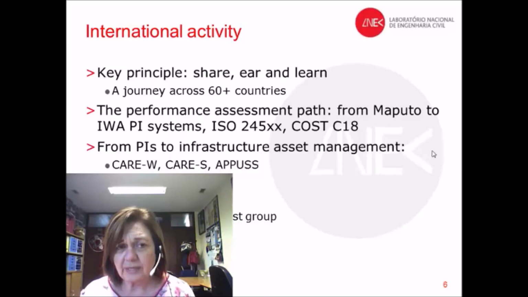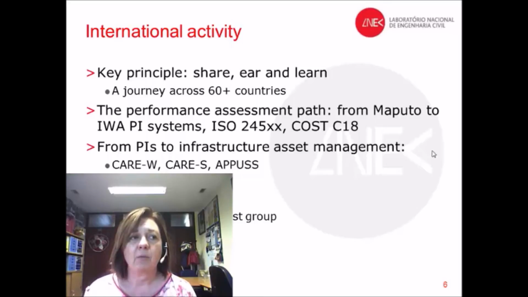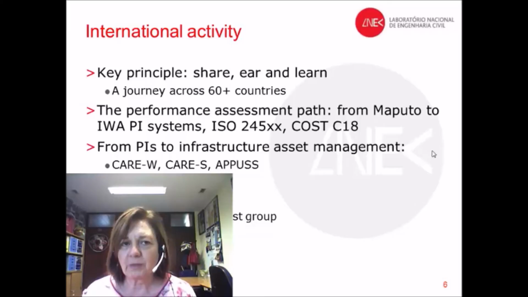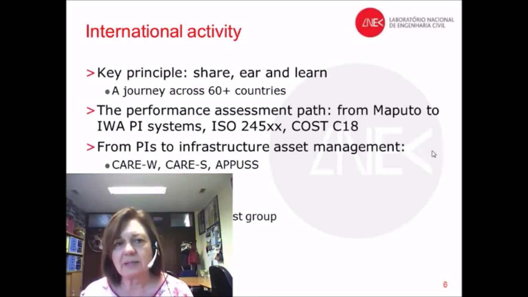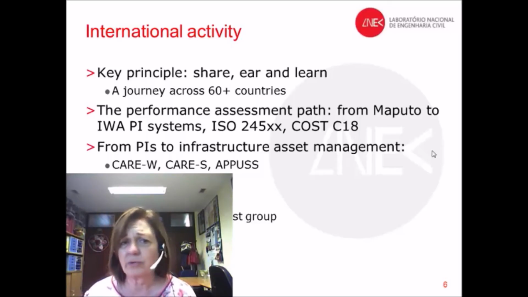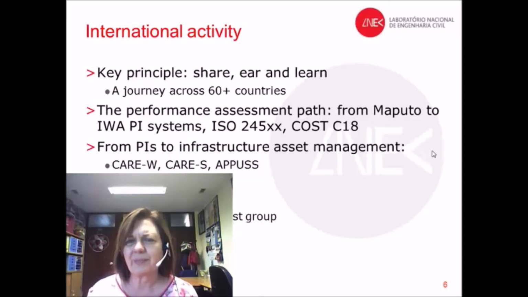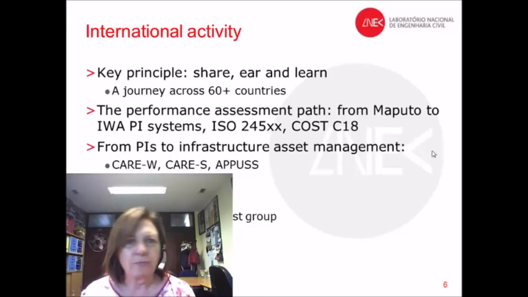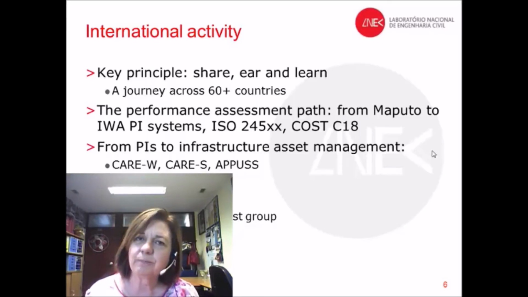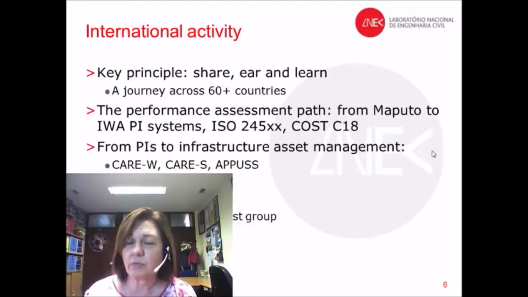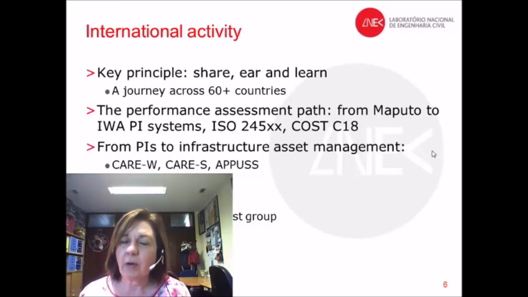And so this has been the driving force, in a way, to a journey that, in my case, now has involved more than 60 countries, a little bit all over the world. And it's amazing, the experience that we get. For instance, recently I was in Germany for a training course on infrastructure asset management of urban water systems. And very soon afterwards, I was in Uganda giving basically the same course.